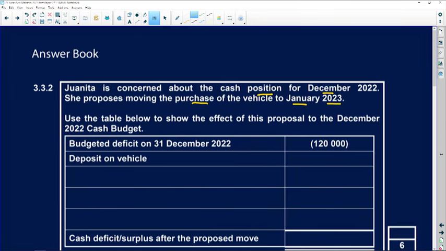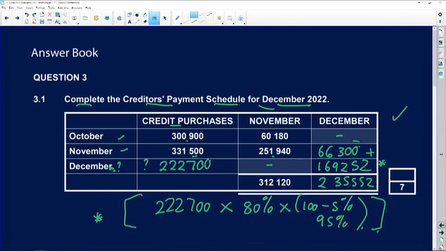Because from the cash budget, which we're going to see in a second, there is an overdraft. She's expecting a negative balance in her bank, a deficit on her budget of 120,000. So let's quickly go to the cash budget.